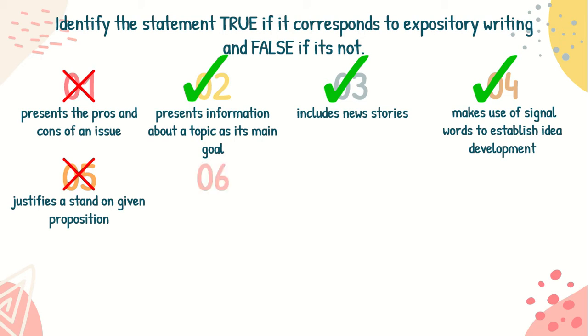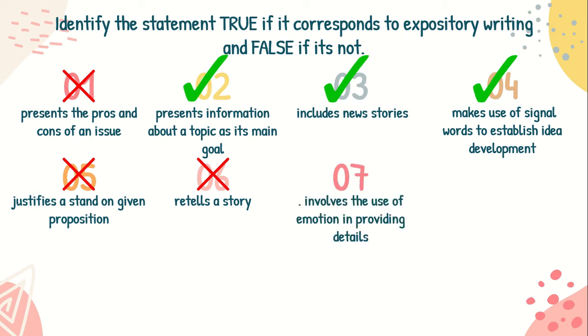Number 6. Expository writing retells a story. It is false. Next, number 7. Expository writing involves the use of emotion in providing details.